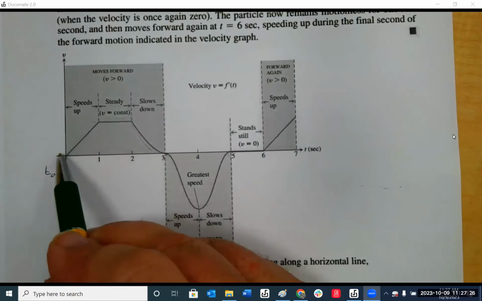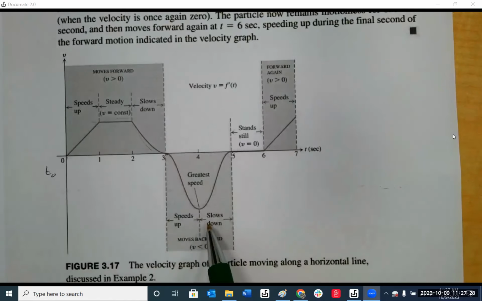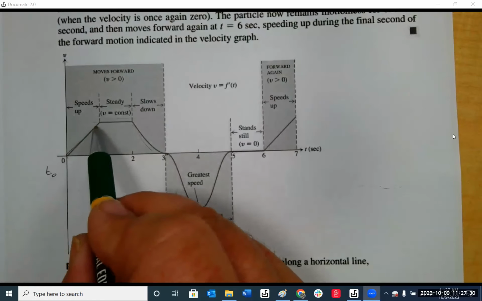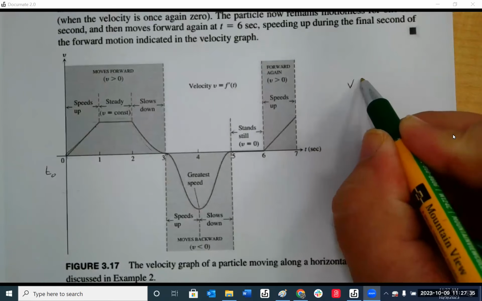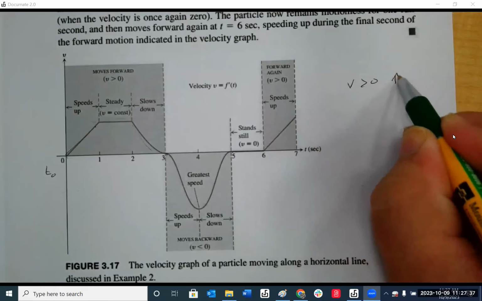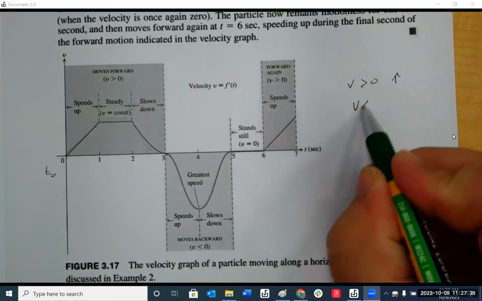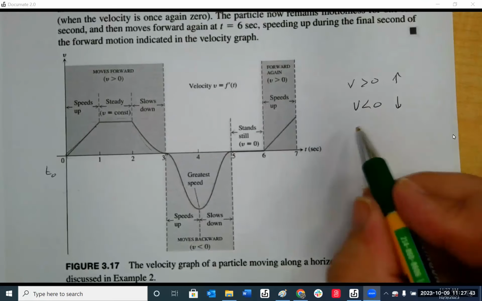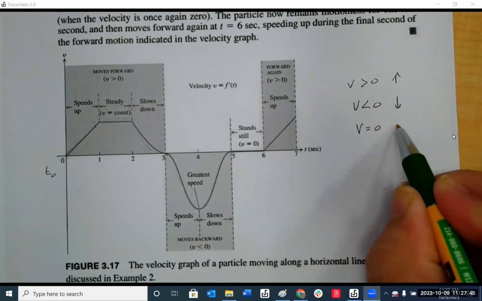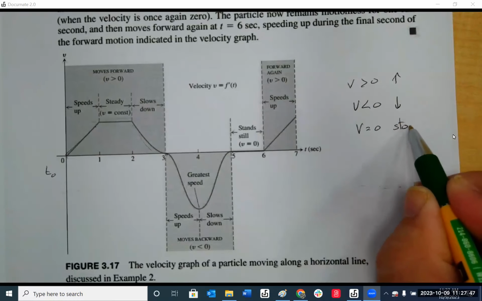Velocity, we can either increase or decrease. If it's positive, we're increasing. If it's negative, we're decreasing. If it's zero, we stop.